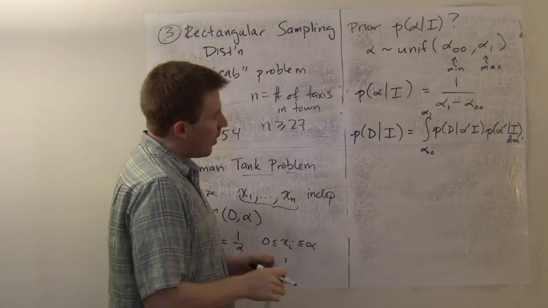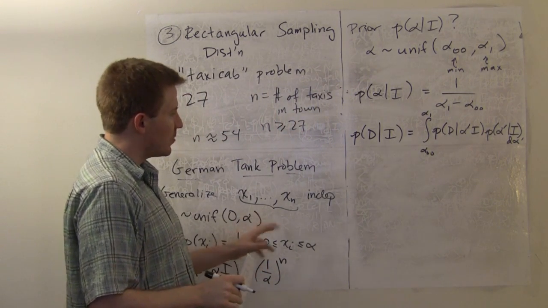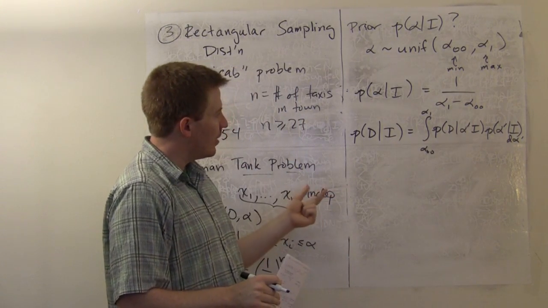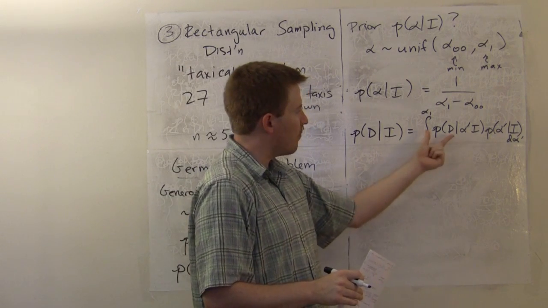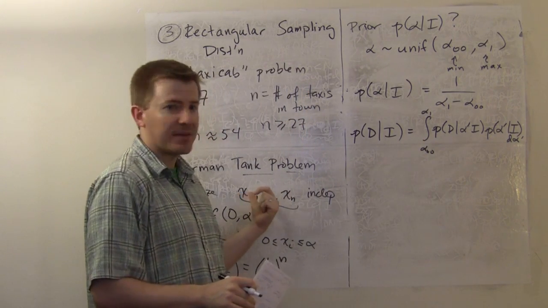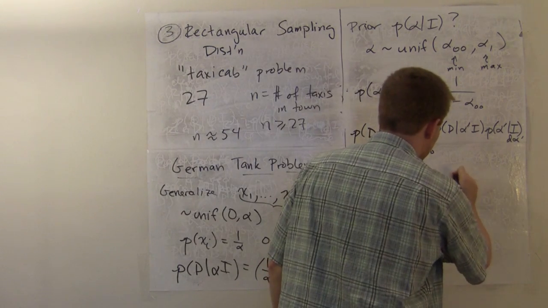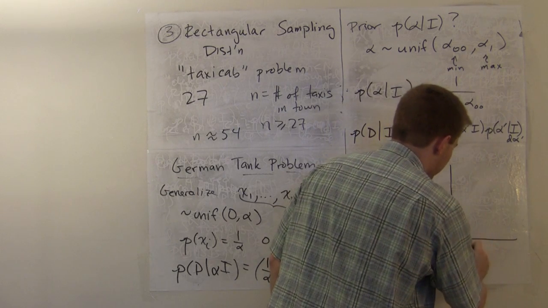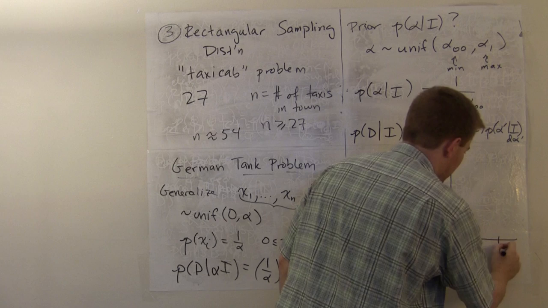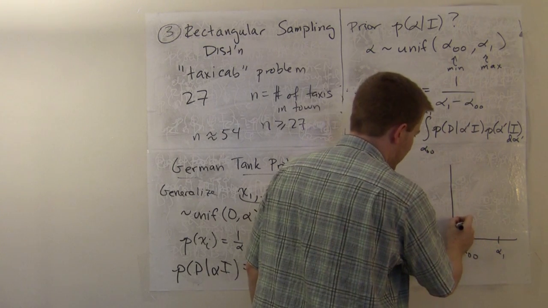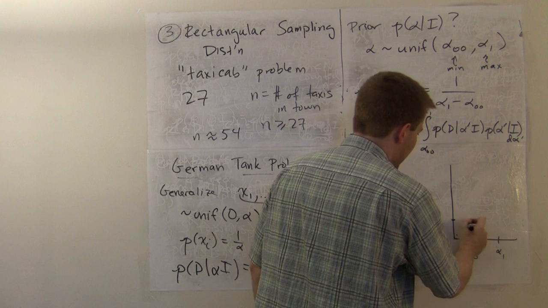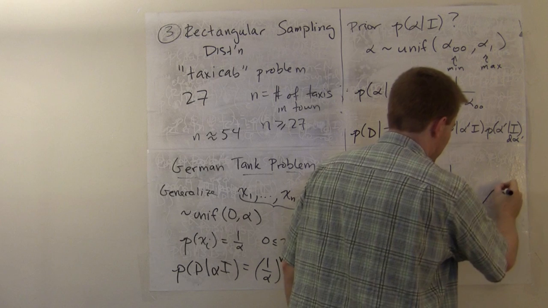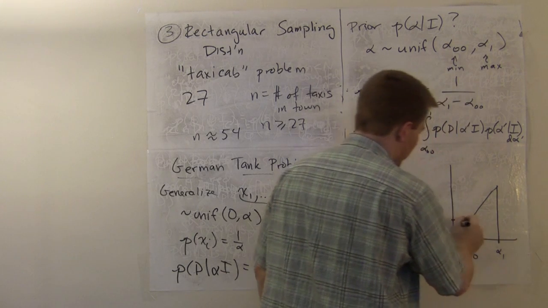Now, one thing to notice here, and this is why we have to use this double zero and where this gets a little bit tricky, is that for some range of these alpha values, the data might actually be impossible. If you want to think about this graphically, what we're basically doing is saying, okay, first we pick an alpha value between, let's say, two numbers, alpha 0,0 and alpha 1. And once that's given, we now sample some x values that are uniformly distributed.